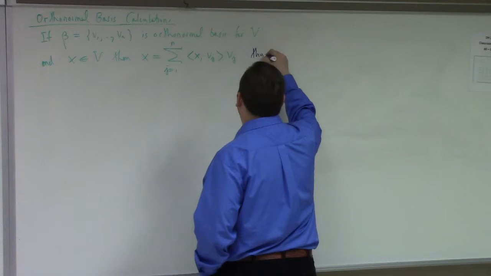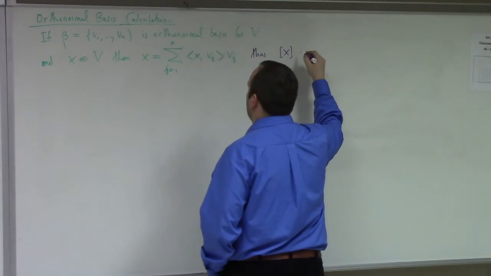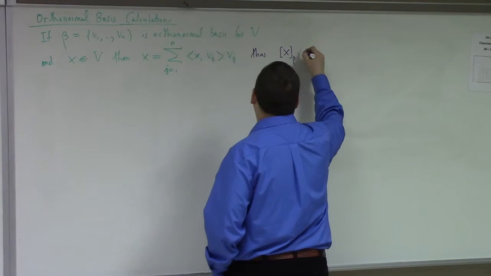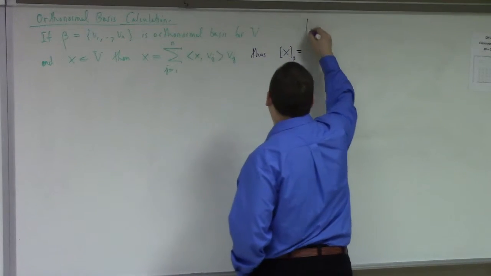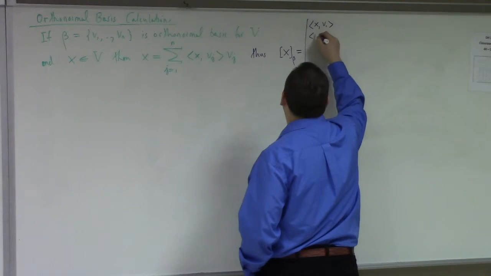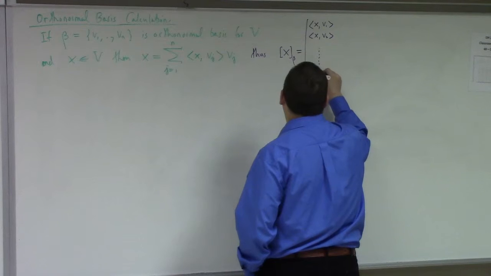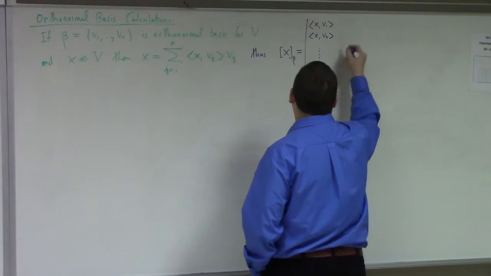Thus, the coordinate vector of x with respect to the beta basis is just equal to what? The inner products of x with v1, x with v2, all the way down to x with vn.